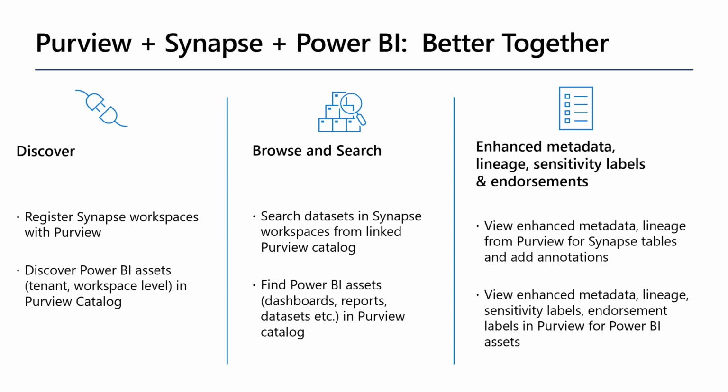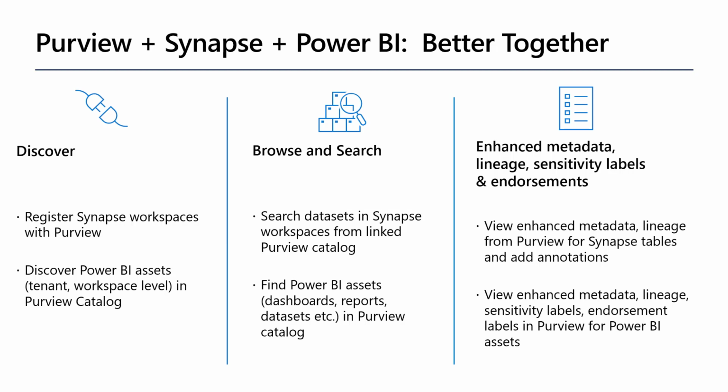And so when you look here at the discovery phase, this is wiring Synapse up to your Power BI environments. Now Purview has the ability to crawl those environments. You register Purview with a Synapse workspace, or register Purview with your Power BI tenant or workspace, and now these assets get surfaced in the catalog for Purview. So now you can use Purview to search the catalog and discover assets that you might not have been aware of.